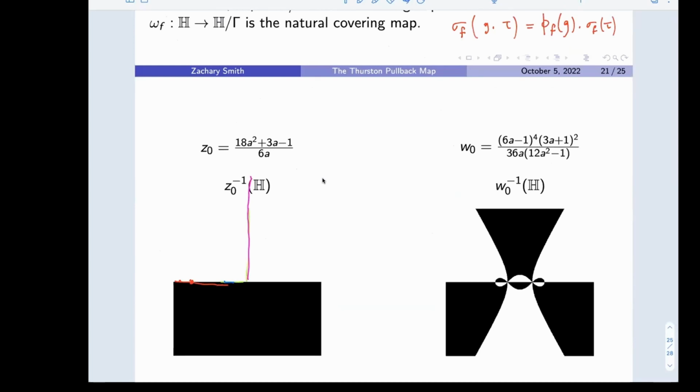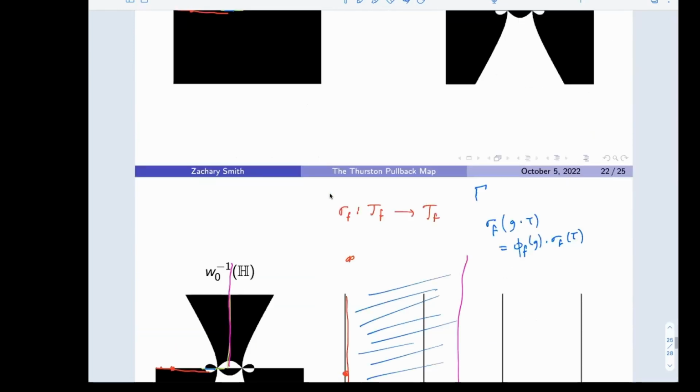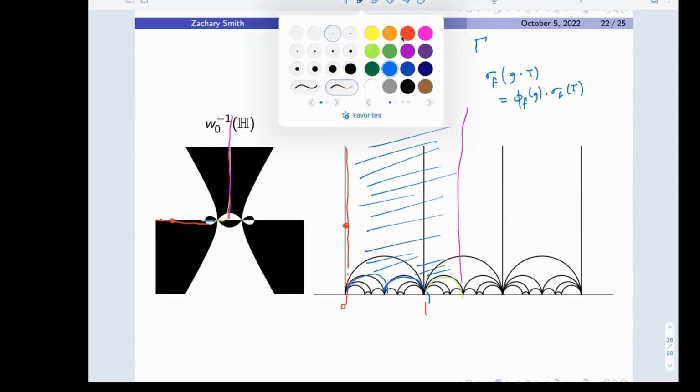Based off of the properties of this map, we can make a prediction of what the boundary of the image for this fundamental domain I've drawn will be.